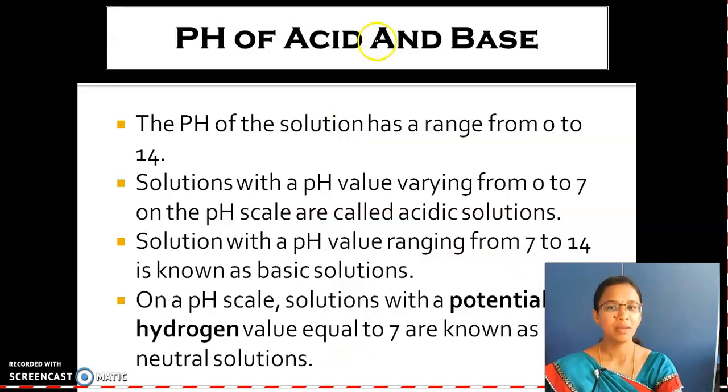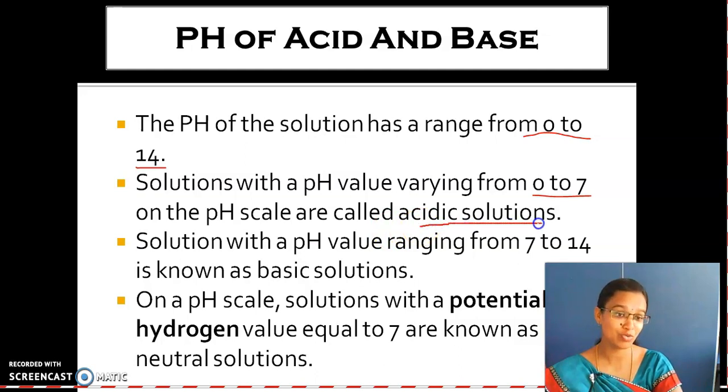Look here, pH of acid and base. Children, note it down carefully. The pH scale has a range from 0 to 14. A solution with a pH value varying from 0 to 7 is called an acidic solution.